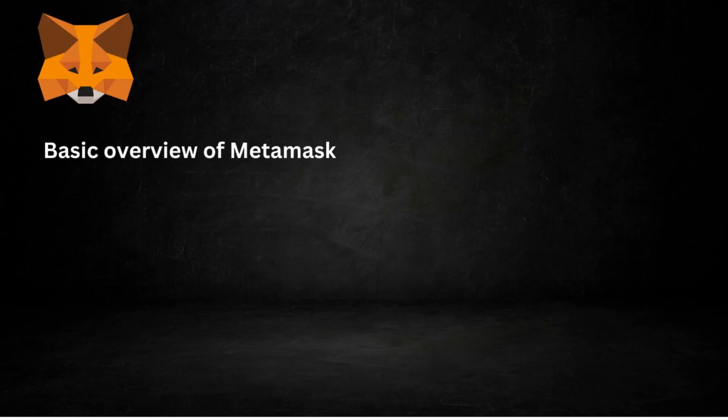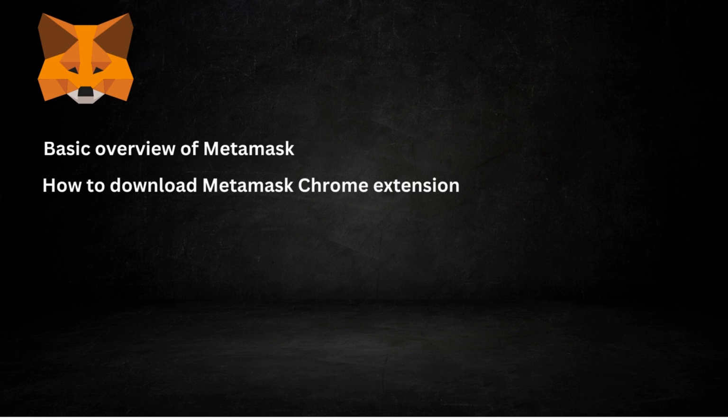First, we'll go over a basic overview of MetaMask and its usage and its advantages compared to other wallets. Then we'll be going over how to download the MetaMask Chrome extension, and this is applicable on other browsers such as Firefox and Edge, where you can download MetaMask as well. Then we'll be going over how to create a wallet.